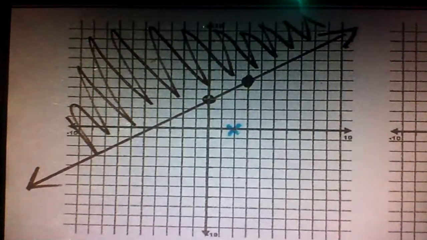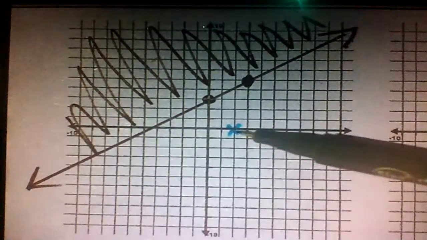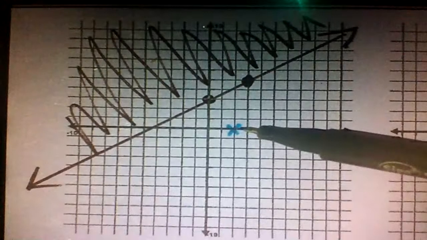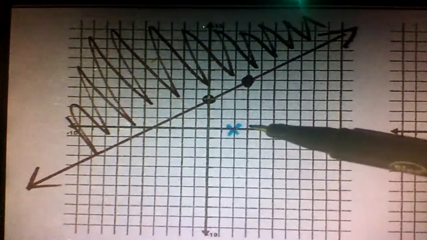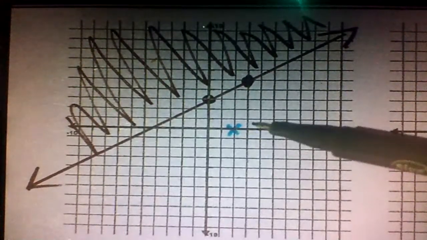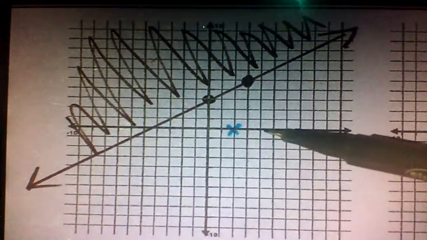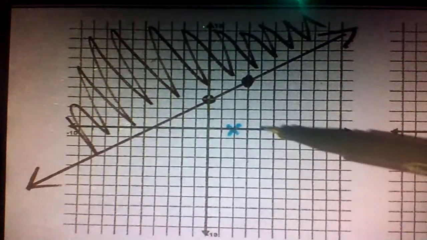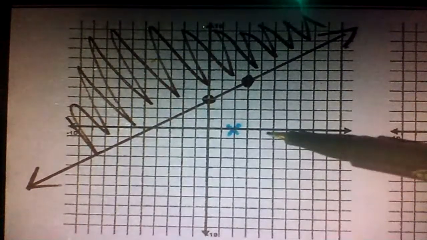If you look on the graph, the point (2, 0) is where I marked this X. Is that in the shaded or the non-shaded region? Non-shaded, which means it is not a solution. So Brenda, you were absolutely correct. That is not a solution because it's not in the shaded region.